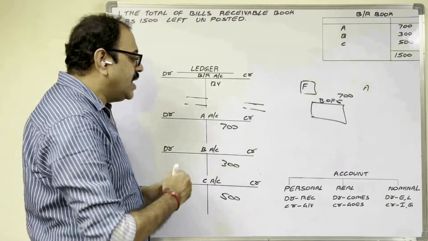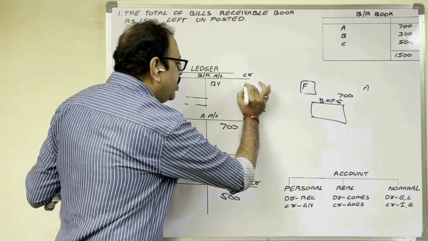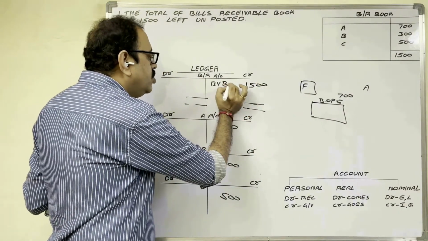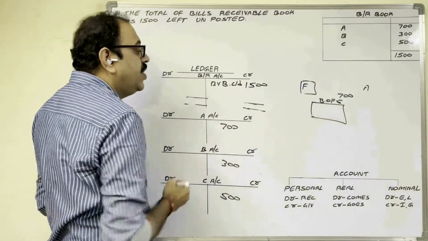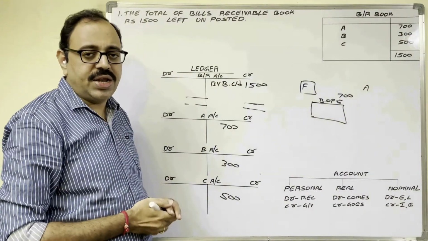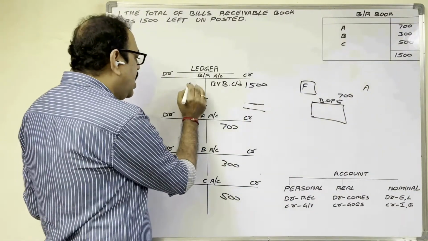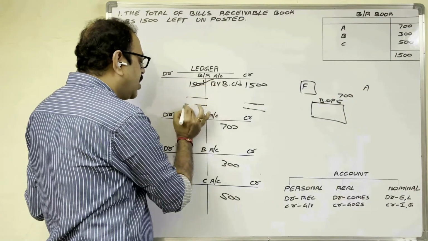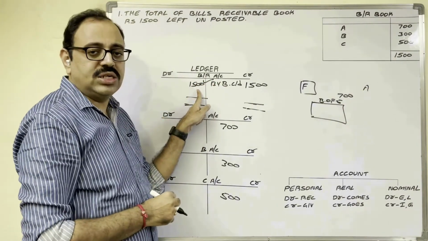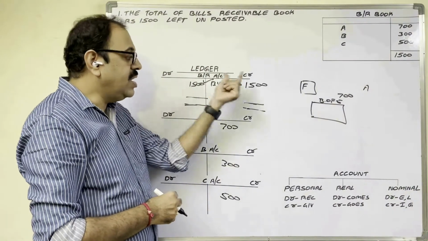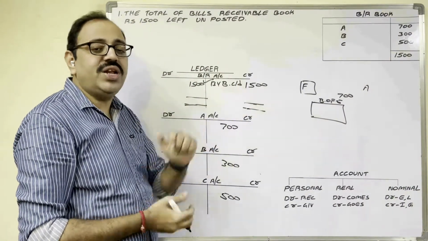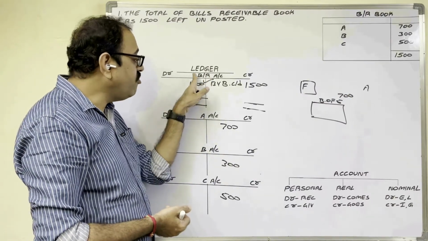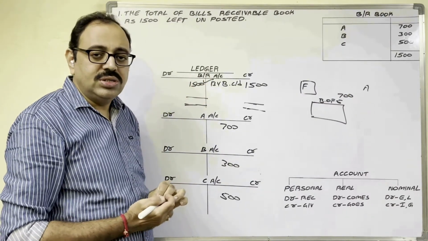On the credit side, as balance carried down, we need 1500 rupees. If you want to get 1500 on the credit side as balance carried down, then 1500 we should debit to the bills receivable account. This is our answer. As a result, balance carried down becomes 1500 rupees. So the answer came on the debit side of the bills receivable account.